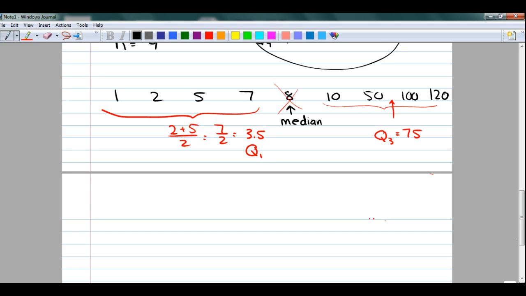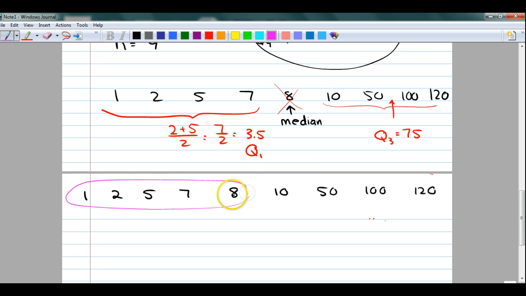Statistics is vague. And we're going to chant that many times this semester, because another way to calculate quartiles, which is every bit as legitimate, would be to say, let's include the median in the first half of the data, and now the middle guy is 5.